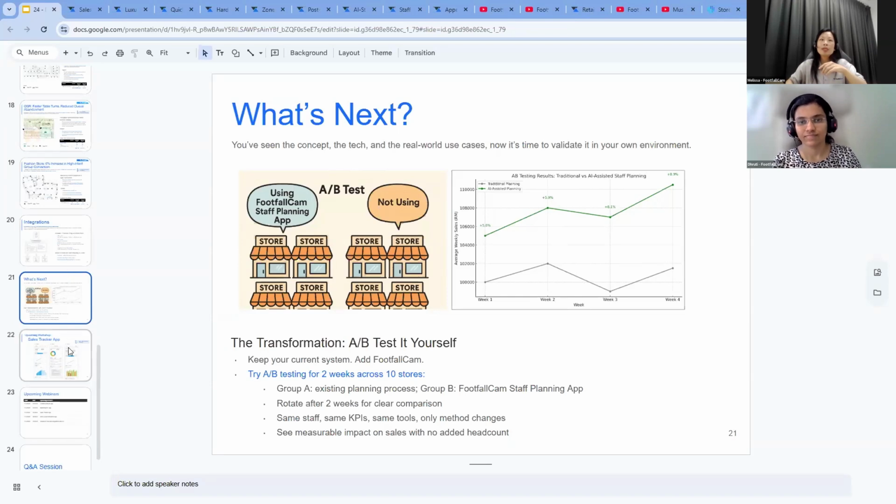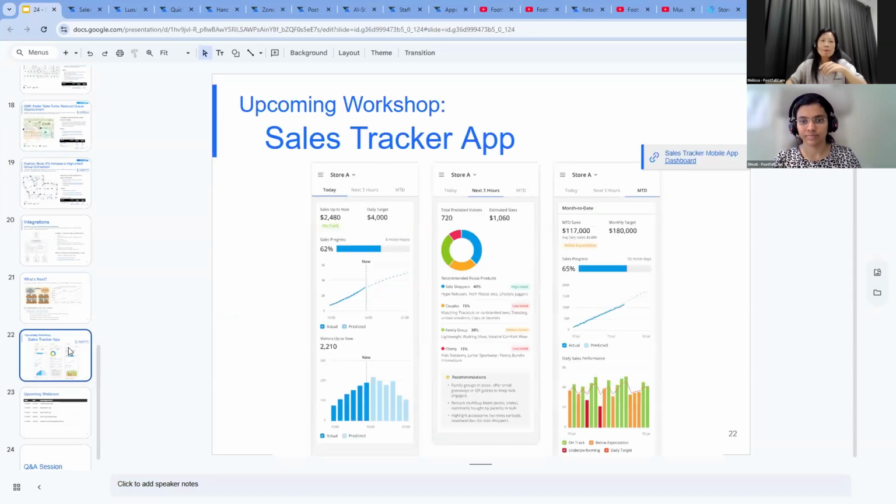Now, in the next upcoming webinar in this series, we will shift our focus to another high-impact application, the Sales Tracker app. This app is built on the same foundation of rich behavioral data that FootfallCam collects from your store, like your shopper path, your staff movement, your shopper demographics, and all this at different times of the day.